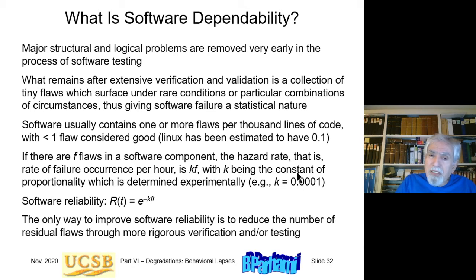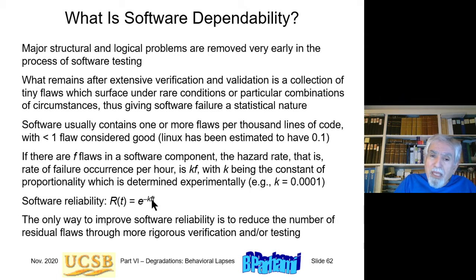K is this constant that is determined. It's not always this, but it depends on the developer of the software, the level of difficulty in the software, and a number of other factors. So K, basically, you can determine it experimentally.